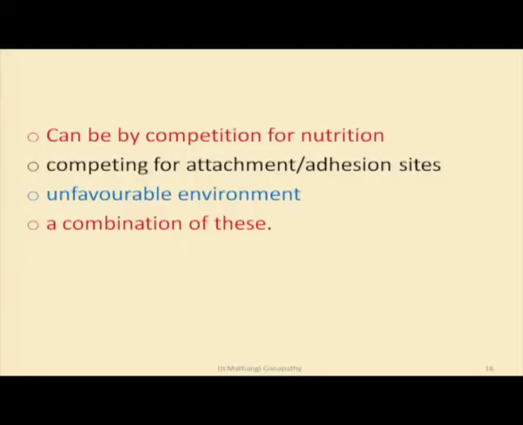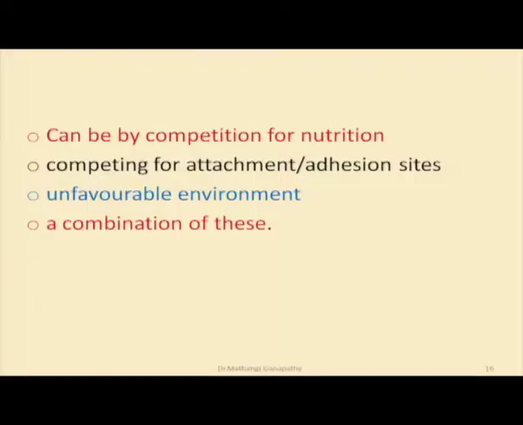This in turn can be by competition for nutrition, because if the pathogen or the spoilage organism and the background microbiota utilize the same carbon source, the same energy source, then because of the large number of the background microbiota, the smaller number of these cells will not be able to get a sufficient amount of nutrition, which in turn will reduce their growth rate. The second is competing for the attachment or adhesion site. To attach or stick onto a cell, they have receptors.